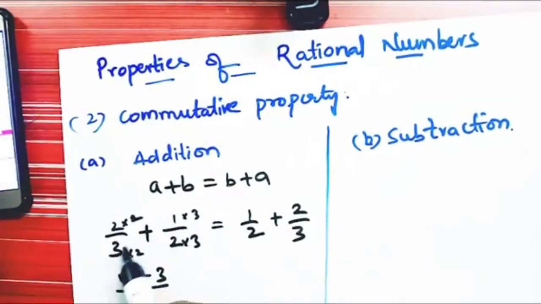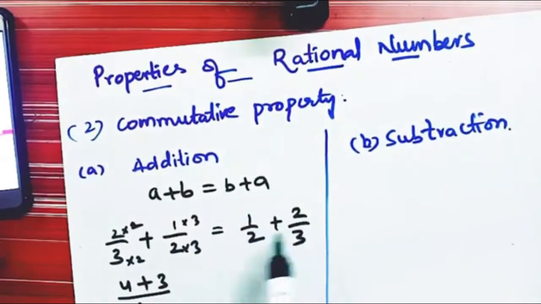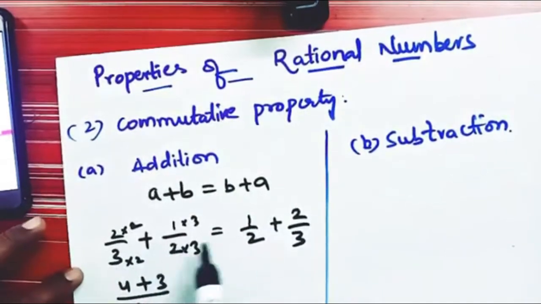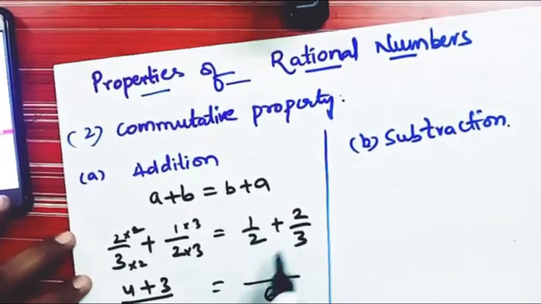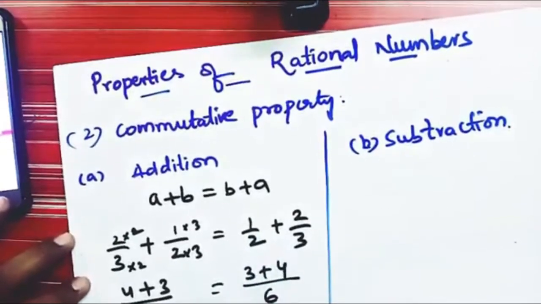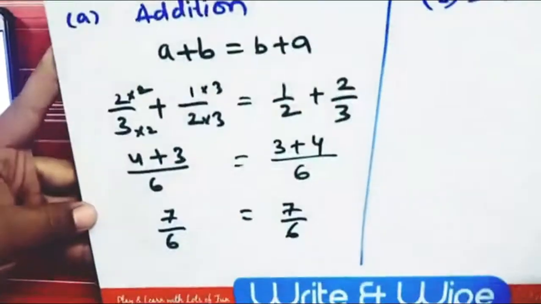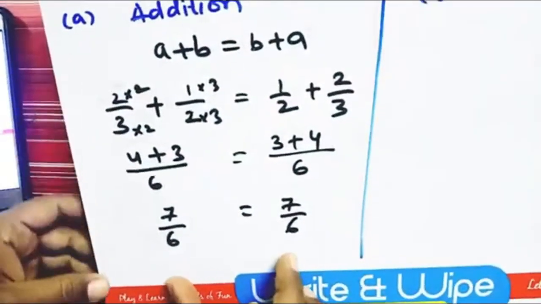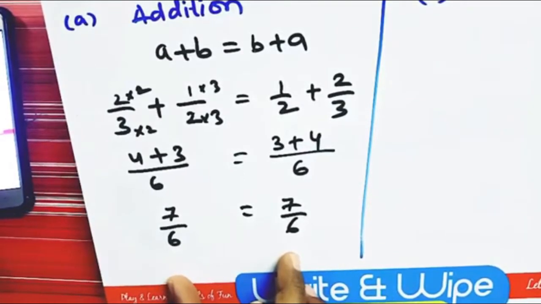So a is 2 by 3 and b is 1 by 2. Here I am taking b as 1 by 2, and a we are changing. So same LCM you will get 6. 1 times 3 is 3 plus 2 times 2 is 4. Then the answer is 7 by 6. So if we are changing the order of these two numbers, the answer is equal. From this example we can conclude that addition is commutative in the set of rational numbers.